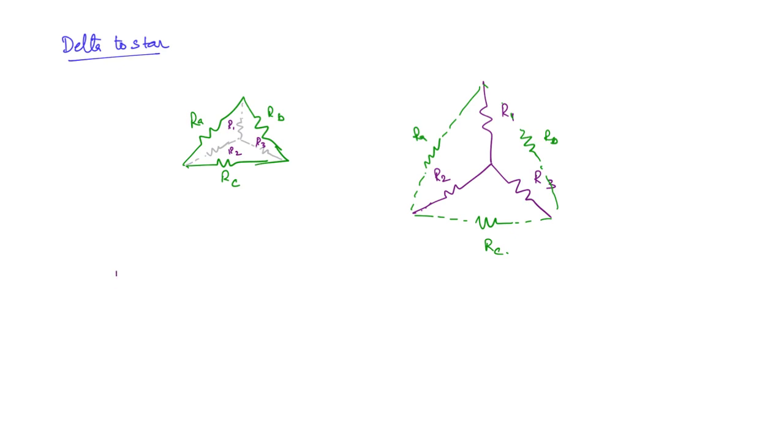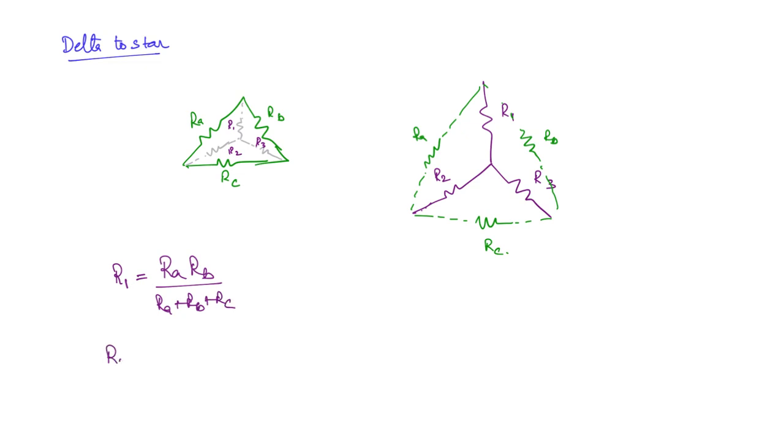The star connected resistor R1 you can write as the product of, see in the numerator there will always be a product. For a star connection, this resistor is connected between these two resistors. So the product of these two resistors divided by the sum of resistors: RA RB divided by RA plus RB plus RC.